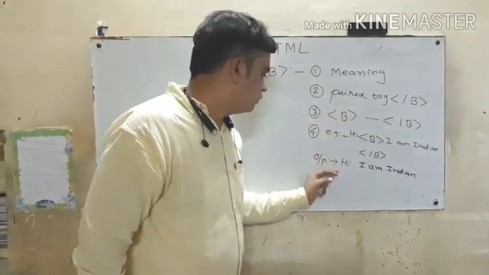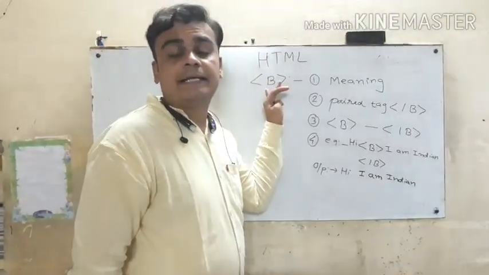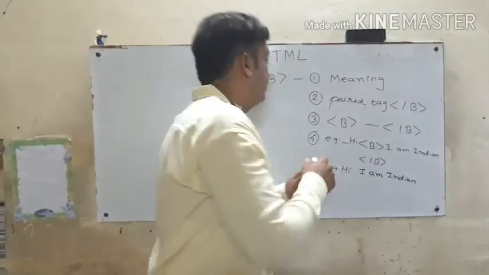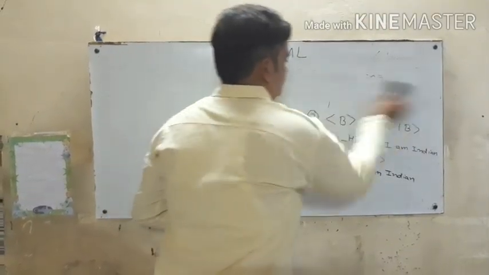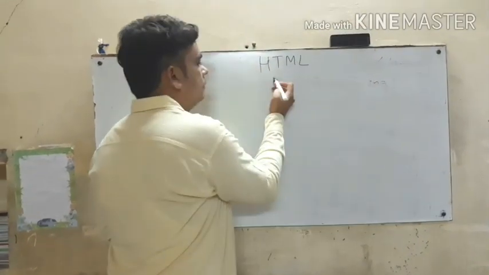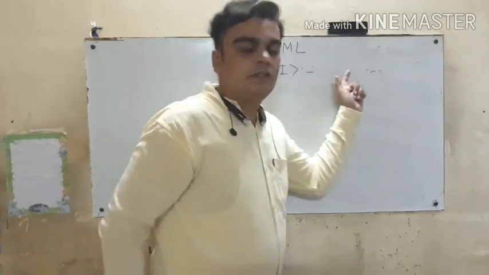So these are the 4 to 5 points you should have to cover while writing explanation about B tag. Thereafter, my next tag is the I tag.